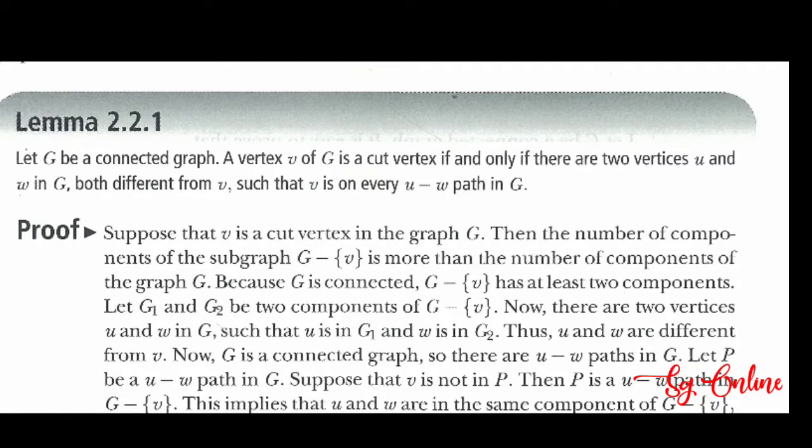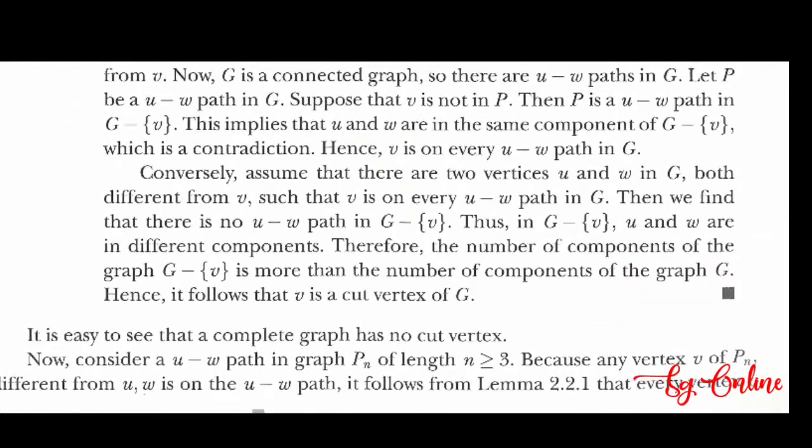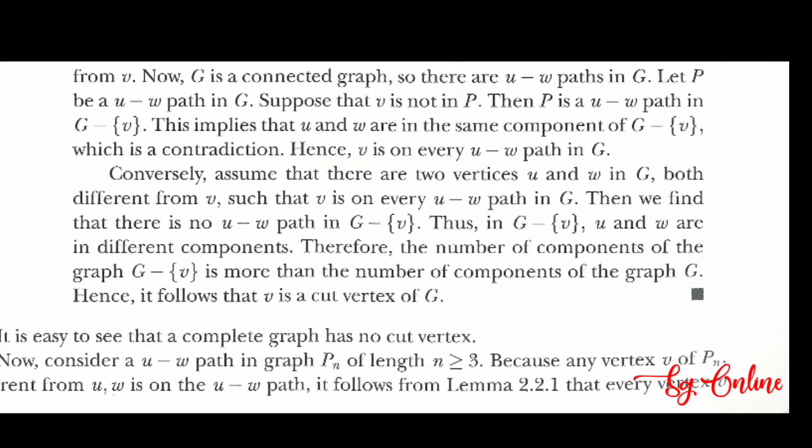We want to prove that the vertex V is a cut vertex, that is, deletion of that vertex will increase the number of components. So suppose two vertices U and W are in G, both different from V, and V is on every UW path. Then if you delete the vertex, there would be no U to W path, and so U and W must now be in different components.